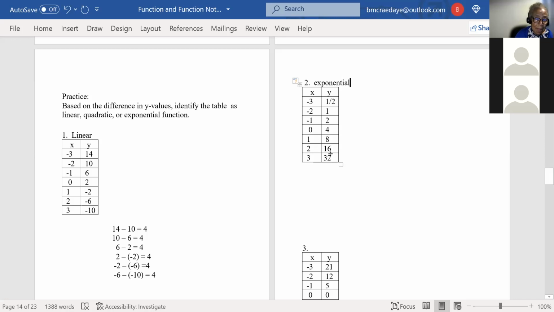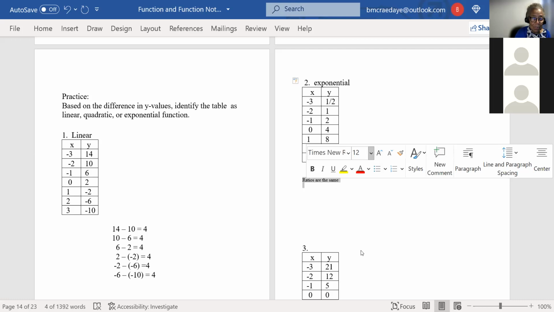Each one of these numbers is 2 times the number that precedes it. So that means the ratios are the same, right? So if the ratios are the same, then it has to be exponential. It can only be exponential.